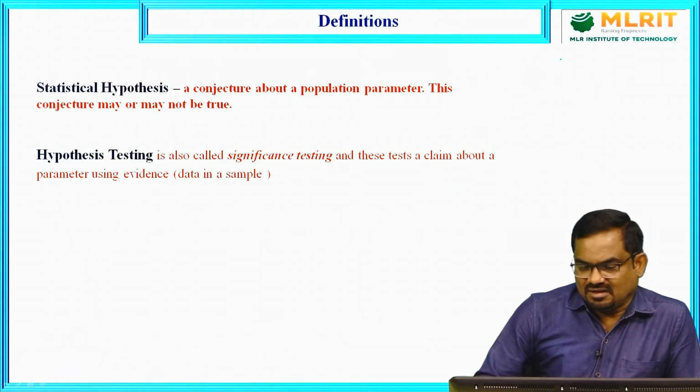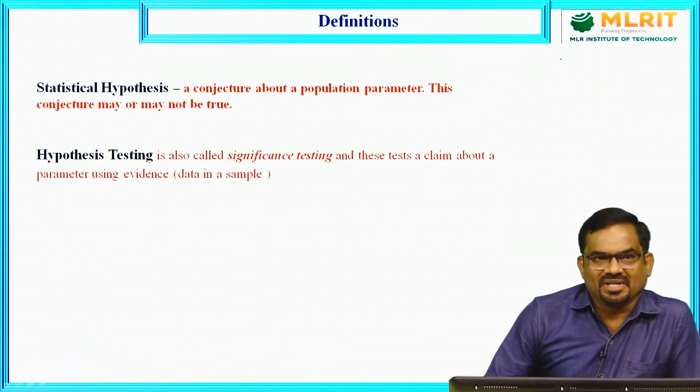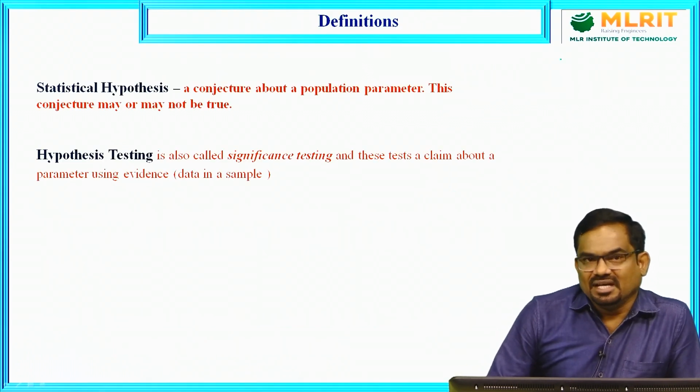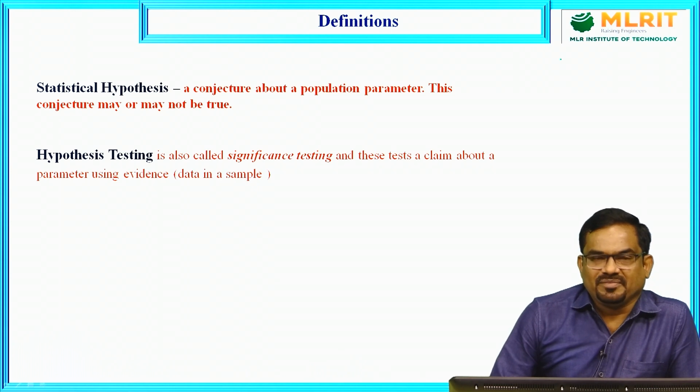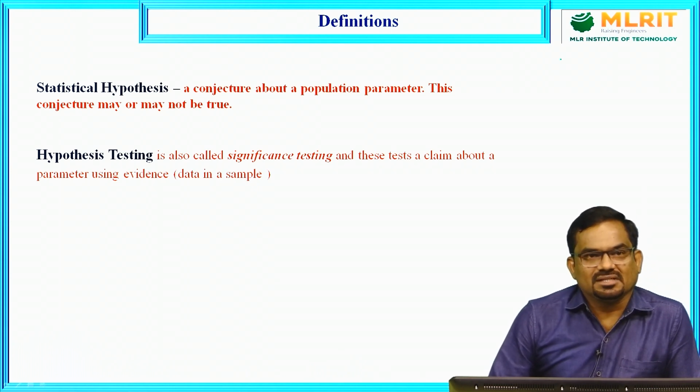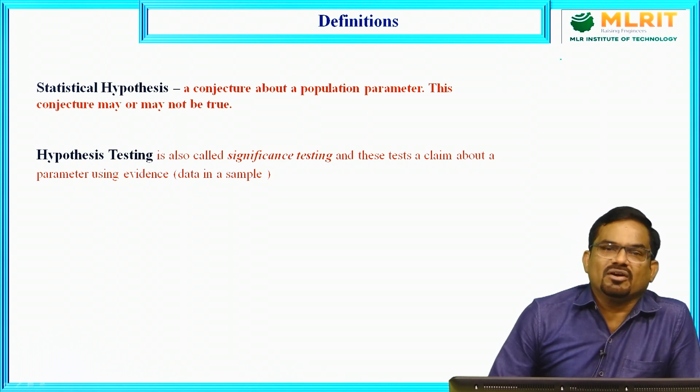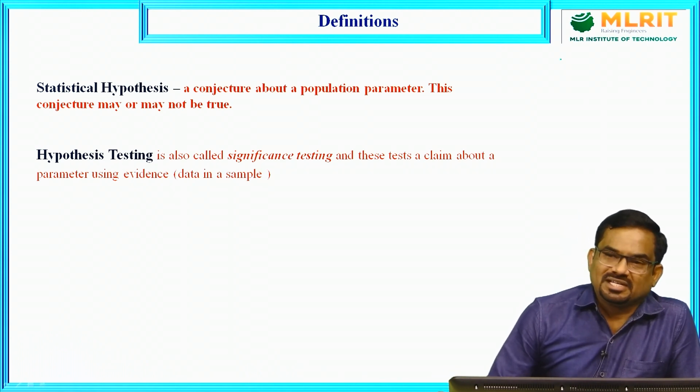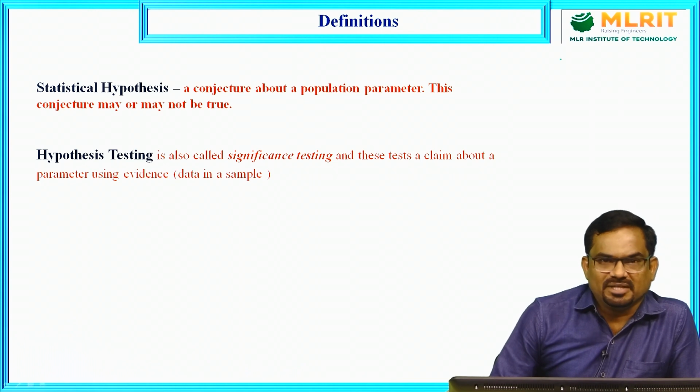Now coming to definitions, a statistical hypothesis is a conjecture about a population parameter. That means an assumption or any statement is called statistical hypothesis. This conjecture may or may not be true. Sometimes the statement may be true or sometimes may not be.